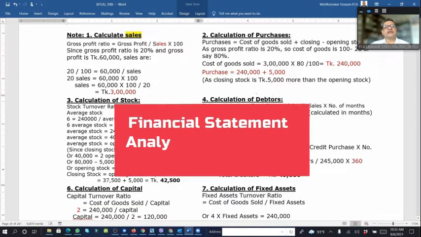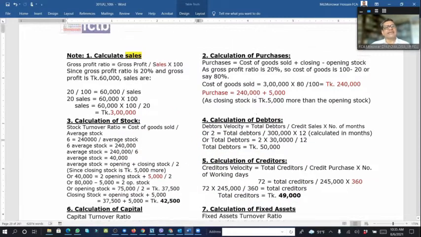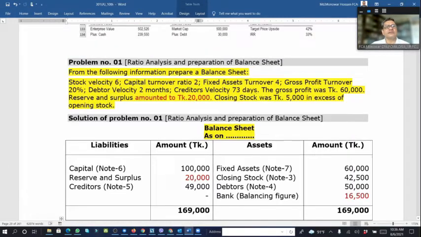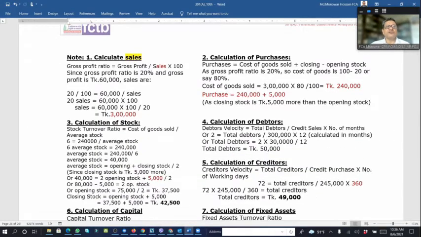How would we get the sale? Here the gross profit ratio is saying, look here, gross profit turnover is 20%. So we look at the gross profit ratio. How can we calculate it? Gross profit divided by sale multiplied by 100.